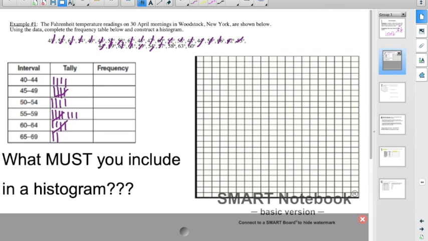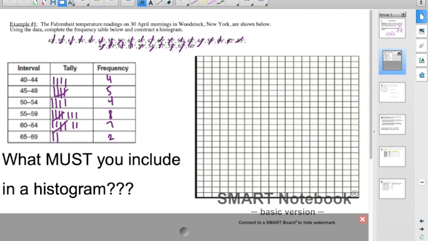And the reason I'm crossing these out is just because that's how I keep track of it. Okay, so I got all my data points. I tallied them down. Now count how many of each tally that we have. That's our frequency. So we have 4 here, 5, 4, 8, 7, and 2.